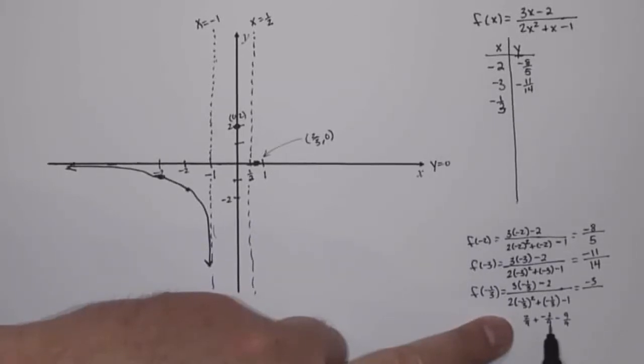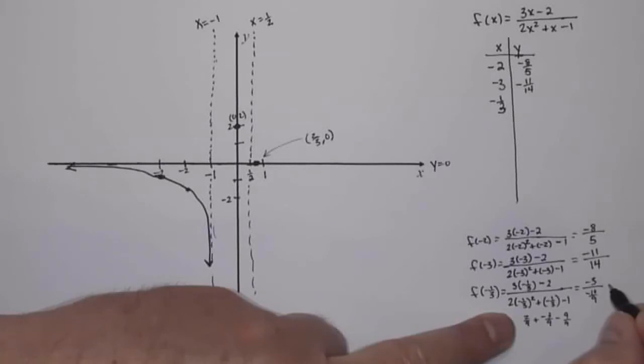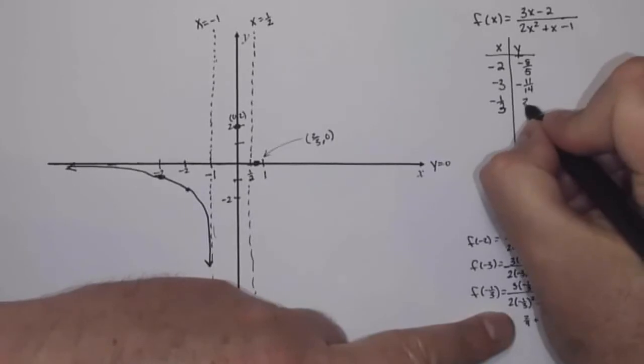So 2/9 minus 3/9 is -1/9, minus 9/9 is -10/9. And so that's going to be -3 times -9/10. And that's going to be positive 27/10, so about 2.7.